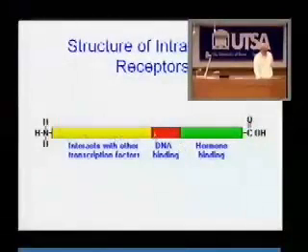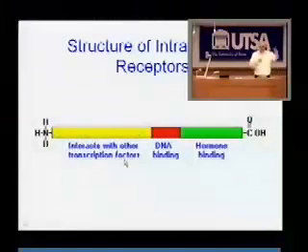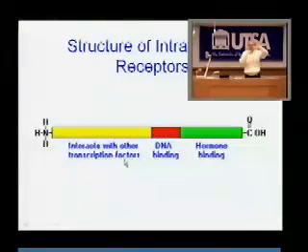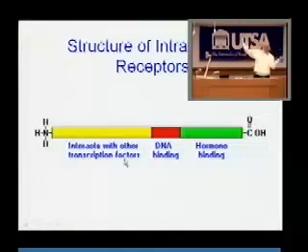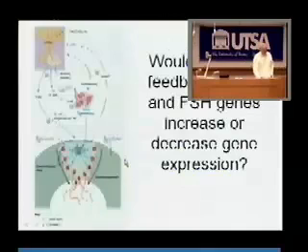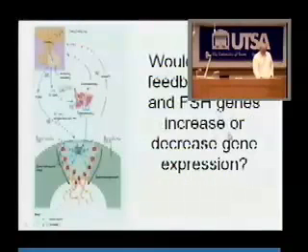And then the amino terminal end of this interacts with other transcription factors. So it brings in other proteins, either to clutter it up so the polymerase can't get there, or to create maybe more uncoiling of the DNA so that more polymerase can randomly bounce in and bind. So the negative feedback on the FSH genes would decrease that gene expression.